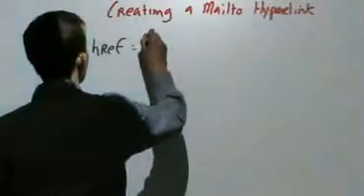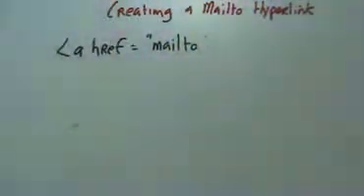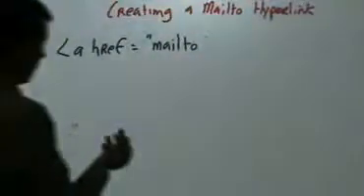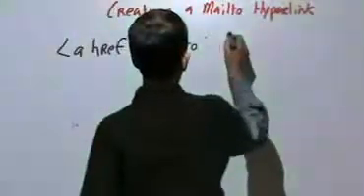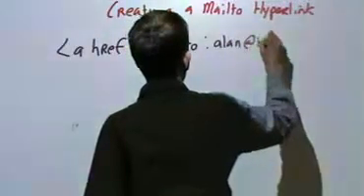So use the anchor tag as if you're creating a hyperlink to a web page, and then you have to put in the text mail to, then a colon, and the next thing is the email address. So we just say alan@learning.com.